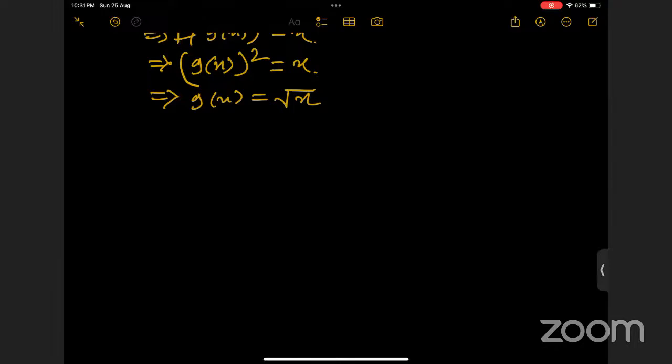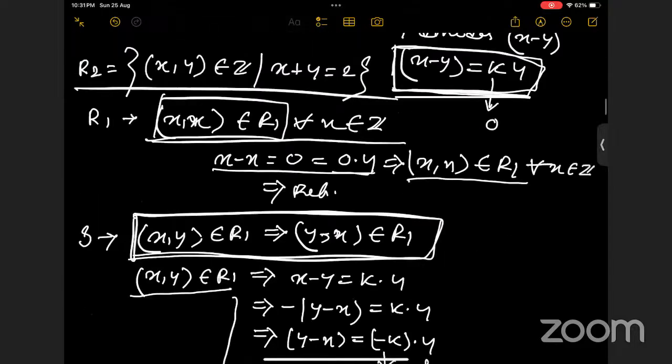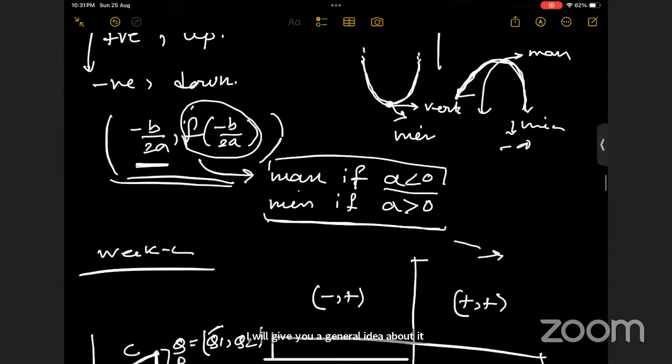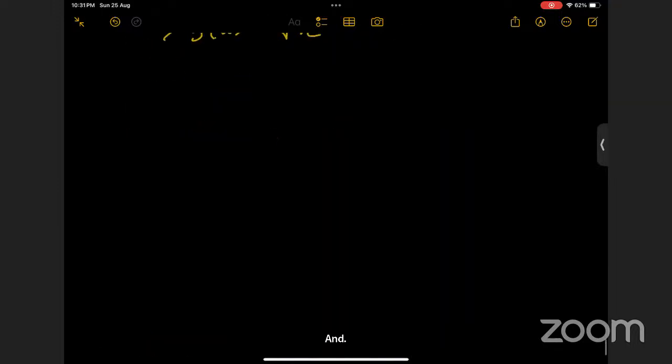What I can do is give you a general idea about it, and you have to solve it on your own, because we have already solved this type of question many times, right? So what is the general idea I can give you? We will get 3 different sets, and their cardinalities are given.